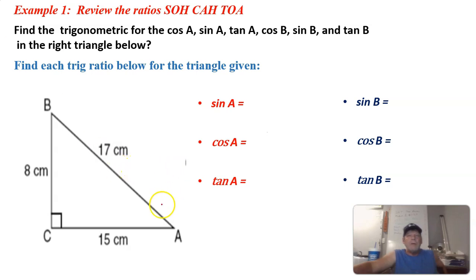If we're dealing with this angle right here, remember for this angle, we've got the opposite, we've got the hypotenuse, and we've got the adjacent.